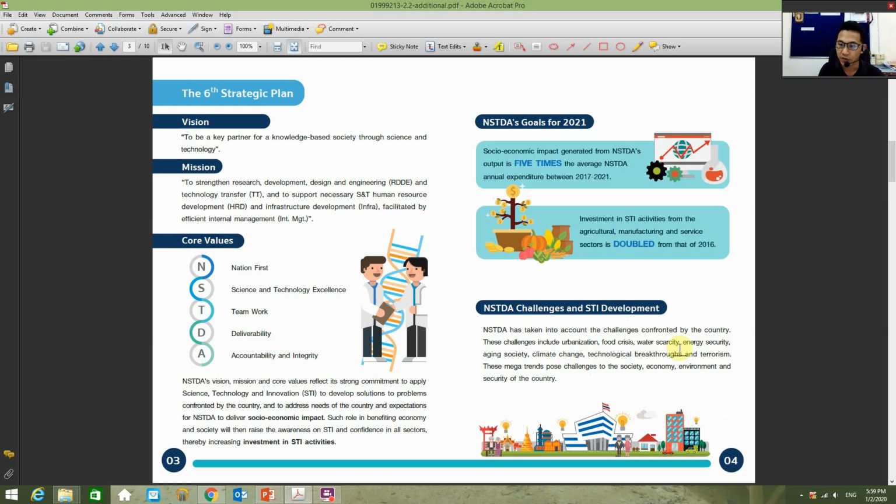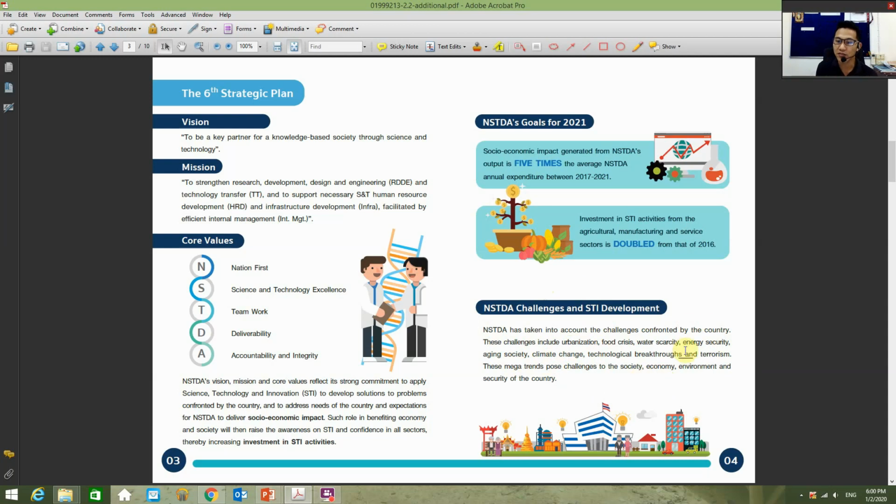And we have food crisis, water scarcity, energy security, aging society. No more number of kids, but we have a lot more older people. Anyway, we get aging anyway, but we have to have a plan for what we're going to do with our nation. Climate change, technological breakthrough, tourism.